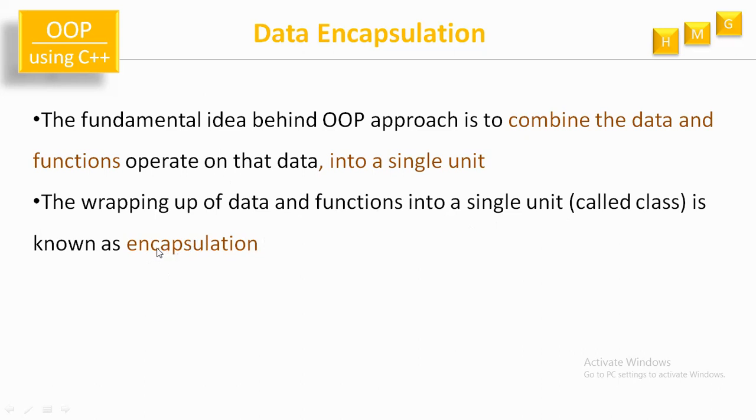So here the main word is capsule. The capsule is used to protect something inside it. So what is inside the capsule? There are data and functions. These are the two entities inside the capsule, and the process of wrapping this up into a single unit is known as encapsulation.